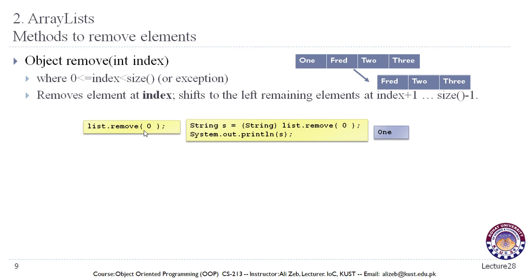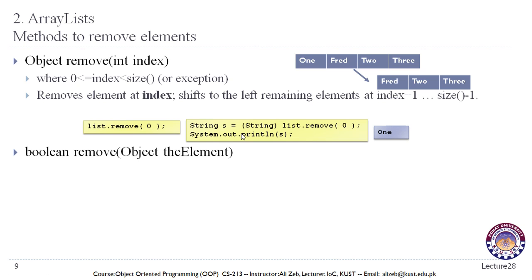Now if we look at what is stored at the first position of our array list, we can see that 1 was stored over there, and that has been removed.